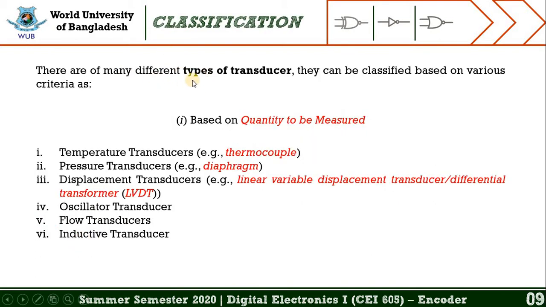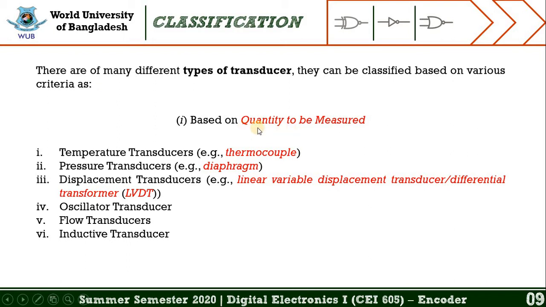From this slide, we may observe the classification or types of transducer. So let's start. There are many different types of transducer. They can be classified based on various criteria.